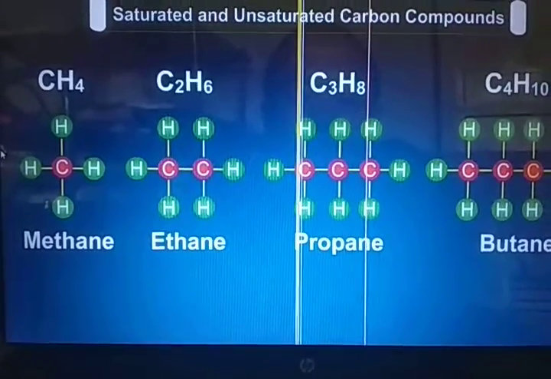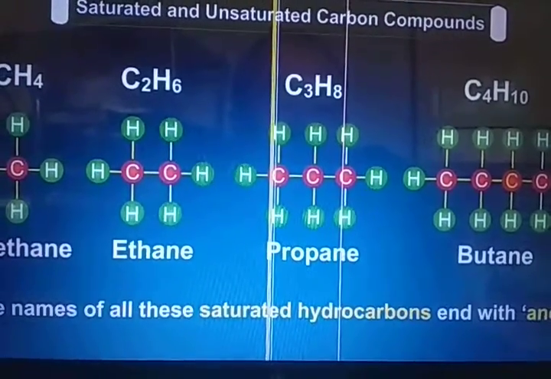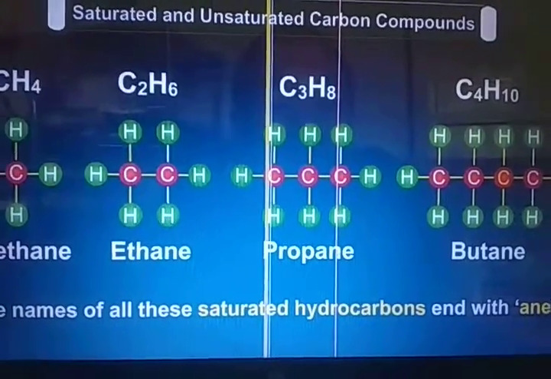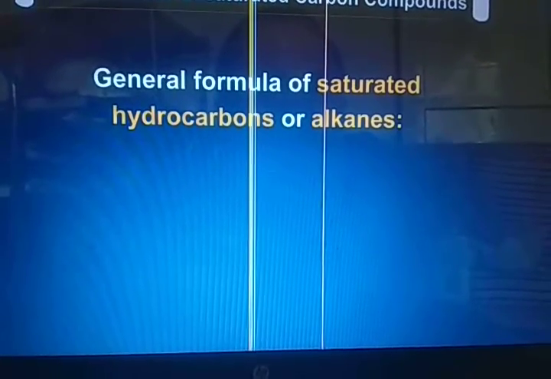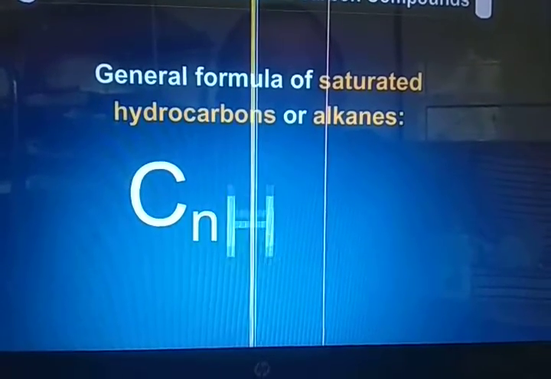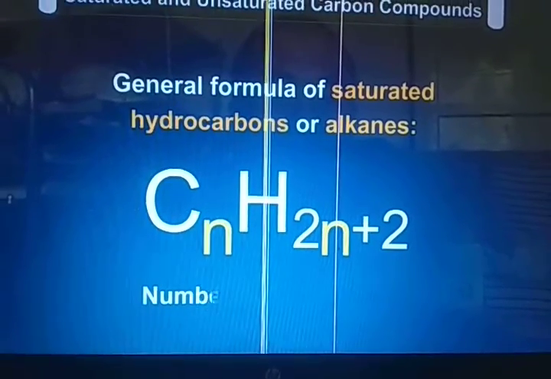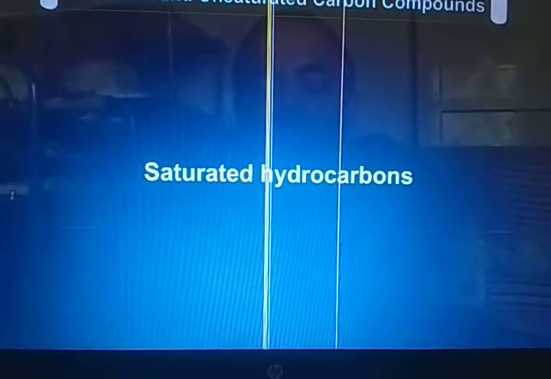Thus, methane, ethane, propane, butane are alkanes. The names of these saturated hydrocarbons always end with ANE. And the general formula of alkanes is CnH2n plus 2, where n is the number of carbon atoms.